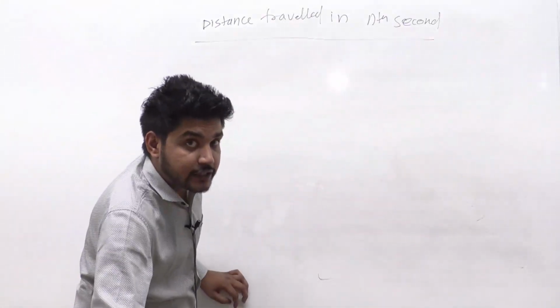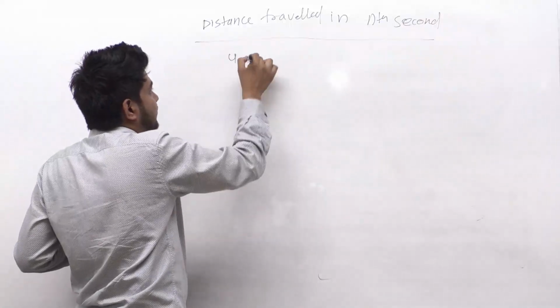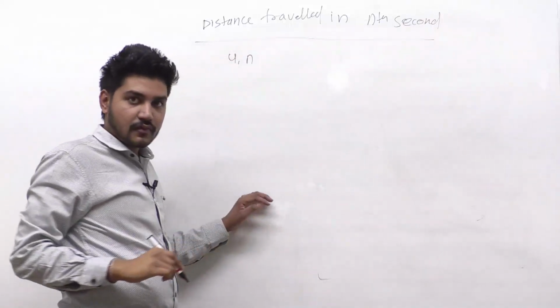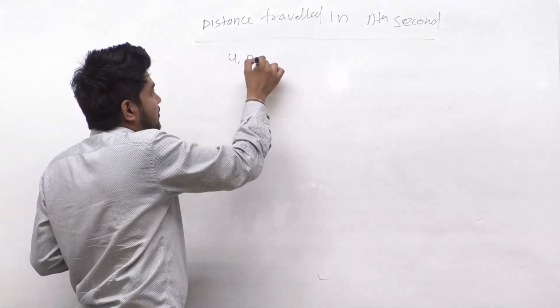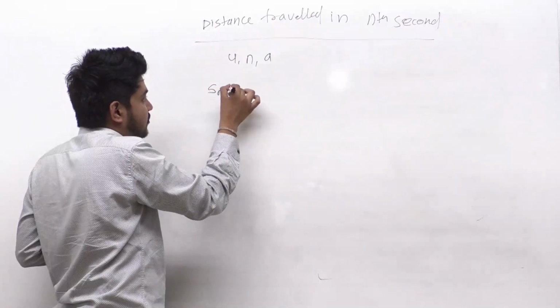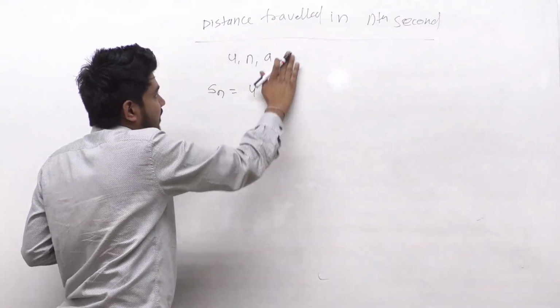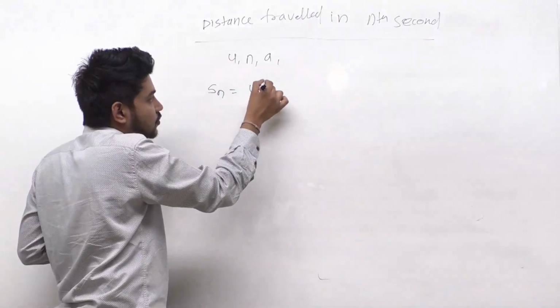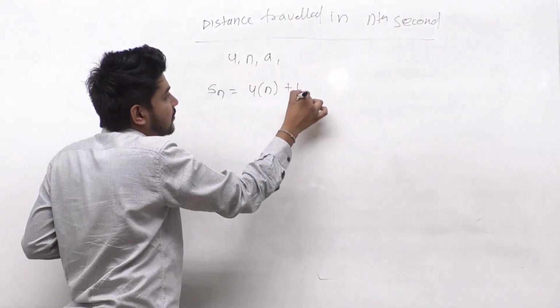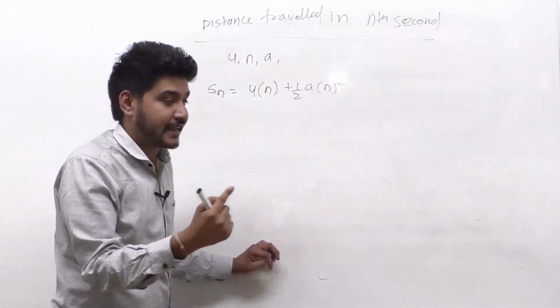So let's say initial velocity of the particle is u, final velocity we are not sure, time is n, and acceleration is a. So if I talk about Sn, S is equal to ut plus half a t square, and time we have taken n. So this is distance travelled in first n seconds.